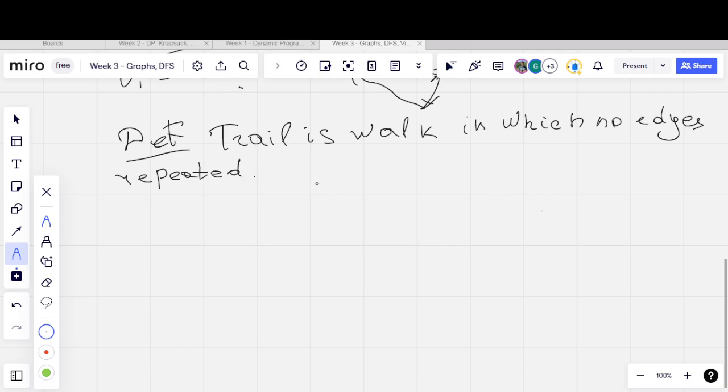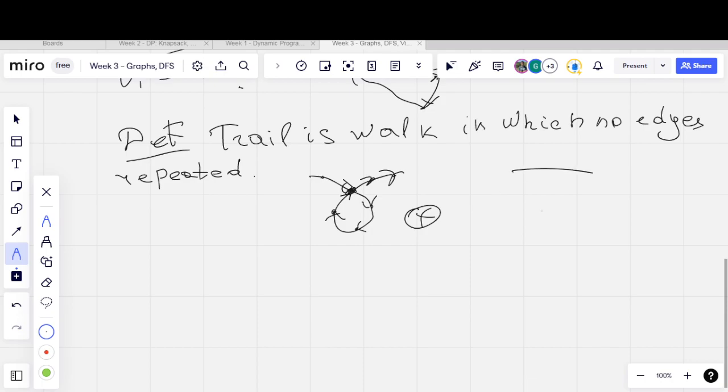For example, this will be a trail because there's no edge repeated. Only a vertex is repeated.